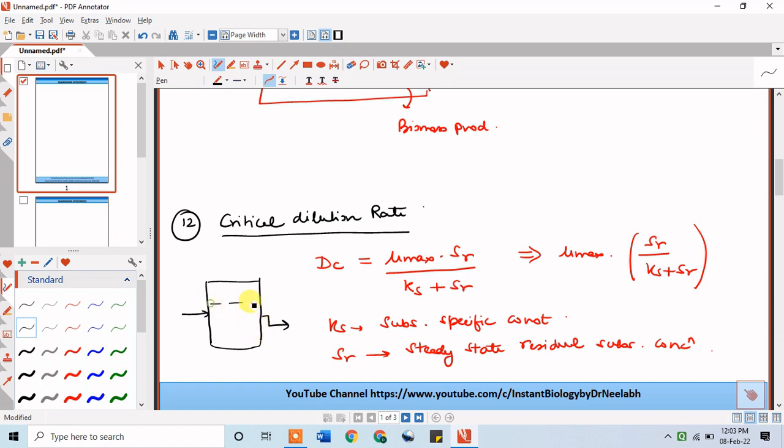So now understand that suppose ये इसका fluid है and over here the cells are also present.